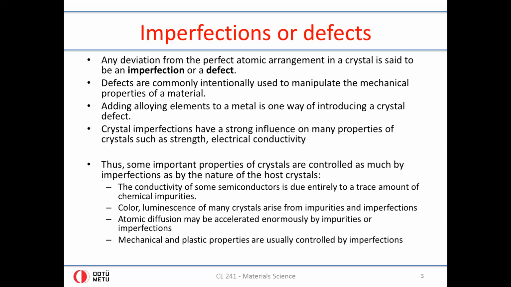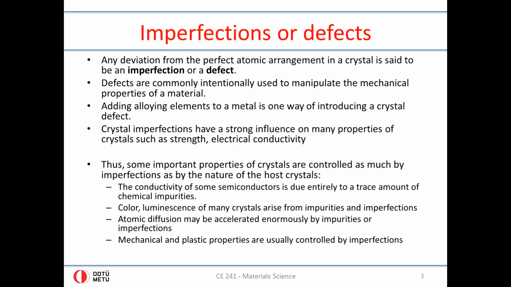Whereas if you start moving along a certain direction and you suddenly encounter an unexpected distance between two atoms, or an unexpected atom elementally, meaning an atom that doesn't belong there, these two would be examples of deviations from perfection.